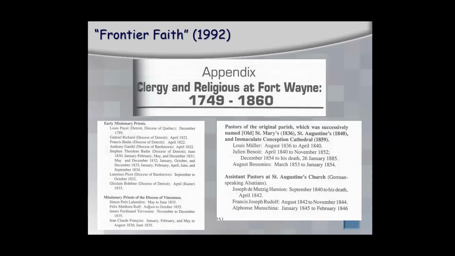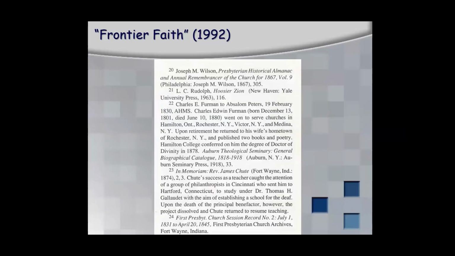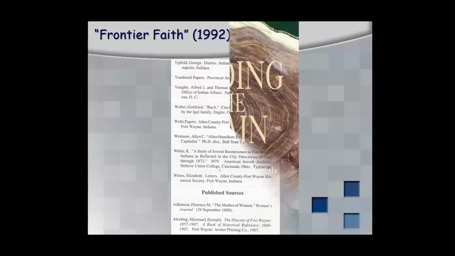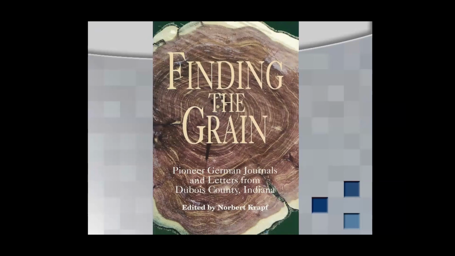Sometimes the straight, clear path isn't necessarily the one we can easily use or access. So, the appendix. And again, Frontier Faith has a great list of notes. Curt's happy. Look at those annotated footnotes and endnotes. And it has a great bibliography of manuscript materials and published sources. Oh my gosh, who wouldn't want to do that?